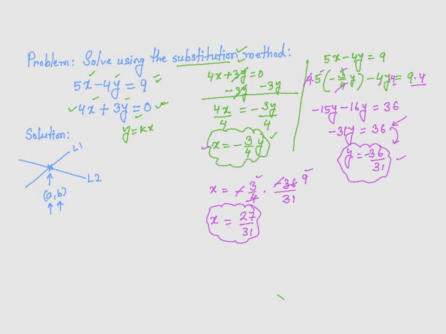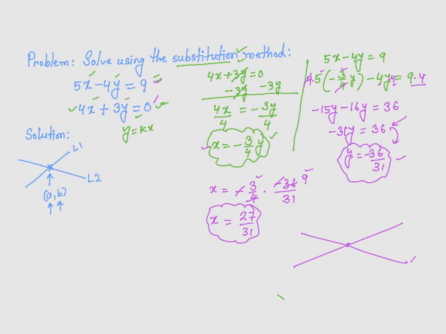So if the equations are like this, this is one line that's representing this equation. Let's say this is this one, and for this one, let's say this is this one.